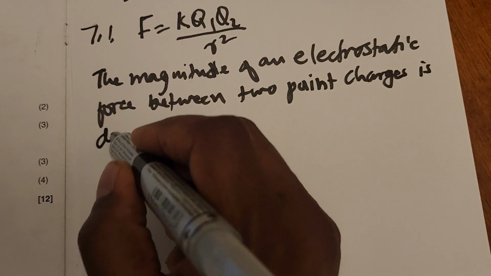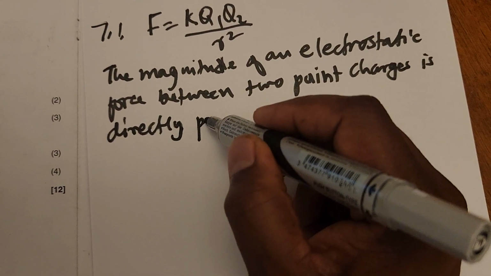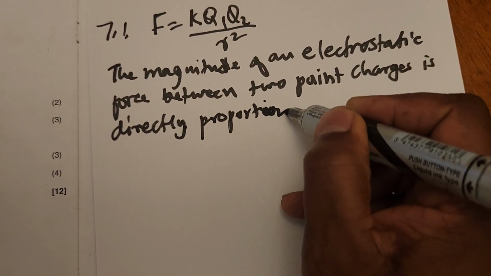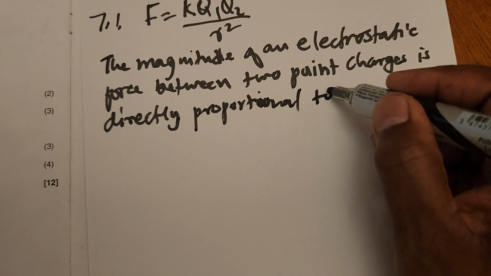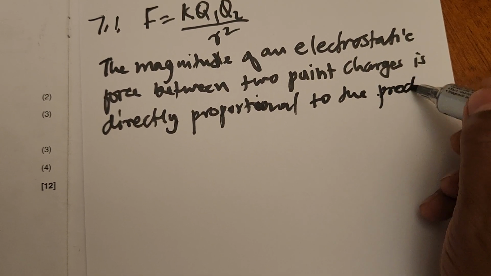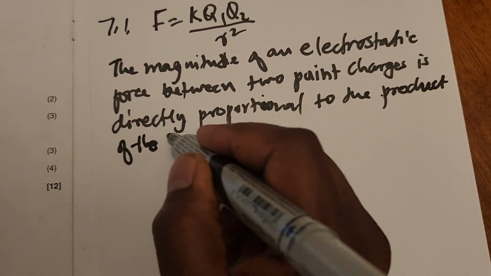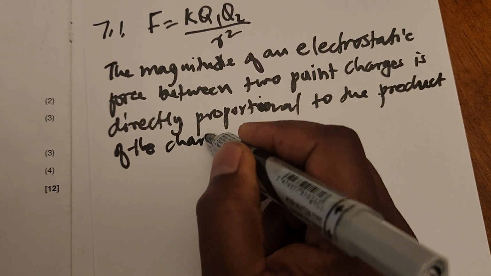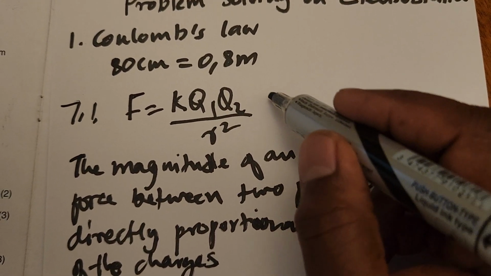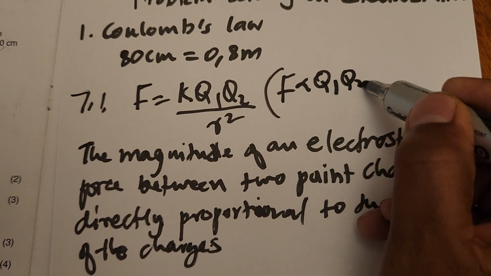is directly proportional to the product of the charges, the word product is very important. Thus we have F is directly proportional to Q1Q2.